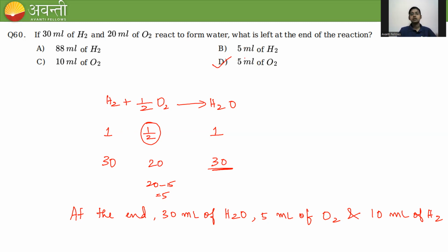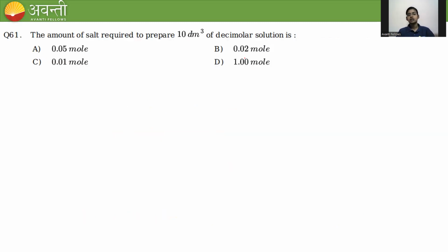Okay. Then moving on to the next question. The amount of salt required to prepare 10 decimeter cube of decimolar solution. So what is decimolar? Decimolar solution is nothing but 0.1 molar solution.